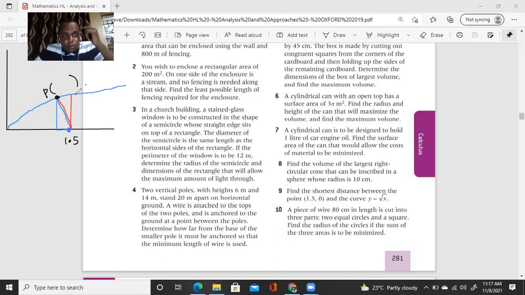And then once we have the equation for the distance, I can find the derivative of that to get the minimum point of distance, and the x value at that point, I can then plug back into the square root and get the y value. Yeah, and then that's the coordinates. Yeah, that's right. Okay.